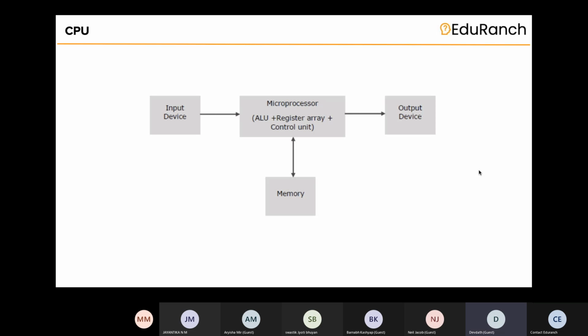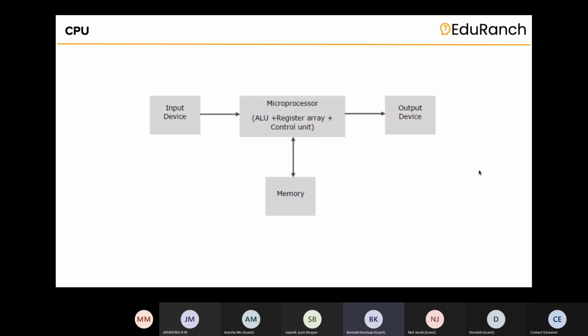Excellent. What else? So in our human body, which part of the body processes all the details and acts accordingly, gives directions or instructions? The brain.